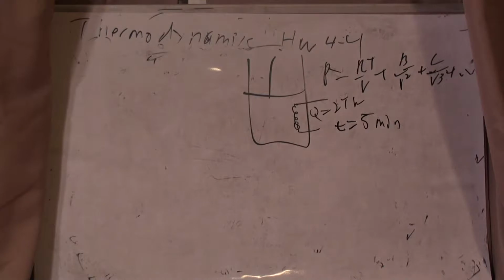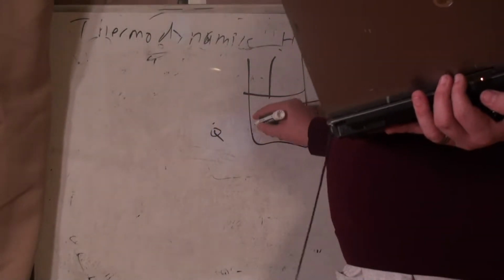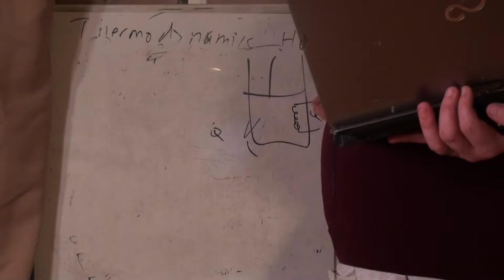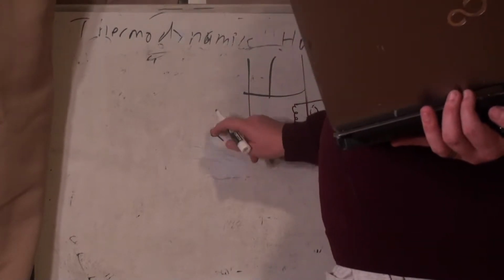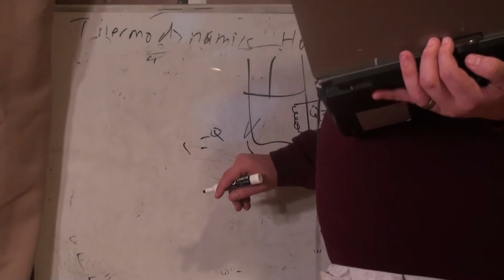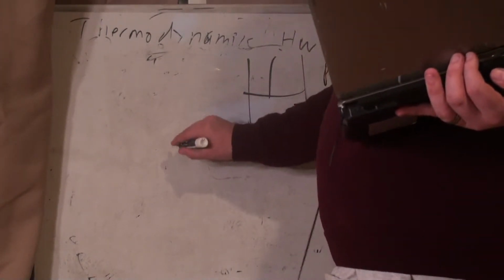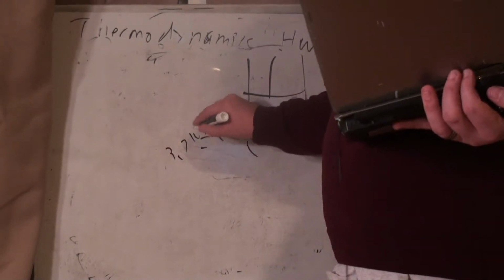Over the course of that 5 minutes, 3.7 kilojoules of energy is lost through heat transfer. So I also have another Q term here, the absolute value of which equals 3.7 kilojoules.